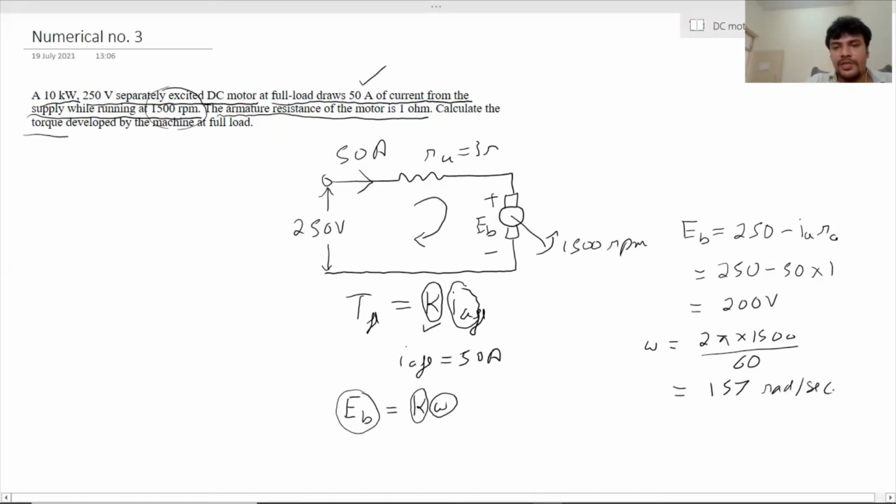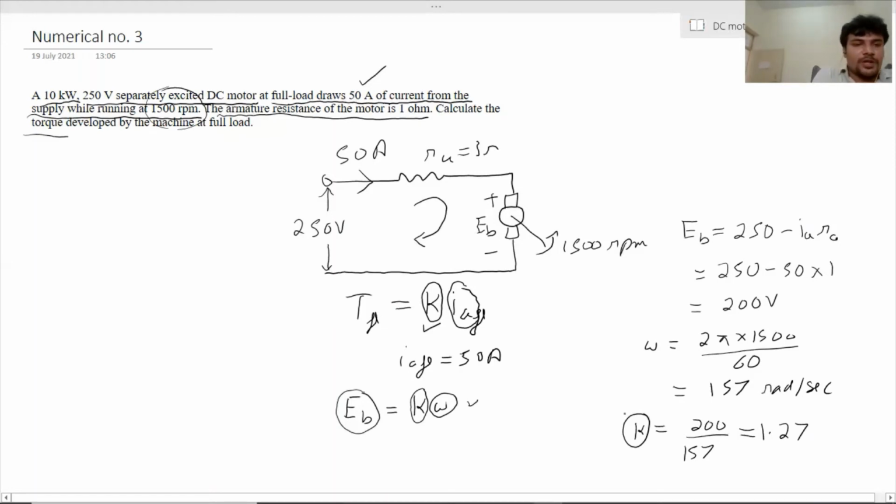Just put the value in this equation. So your K will become 200 divided by 157. So it will come out to be 1.27. So we have got our K.